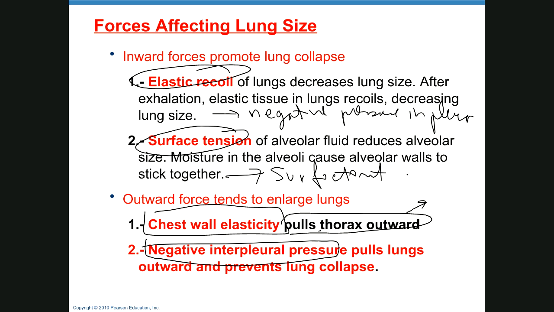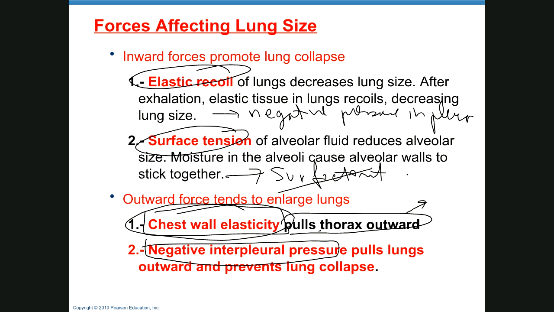So keep this in mind. When do lungs collapse? Well, the lung is going to collapse if we don't have surfactant. But that really is not a problem once you're an adult. That's a problem of premature babies, for example. What could be a problem of adults is loss of chest wall elasticity, for example. That could happen if you break a rib.